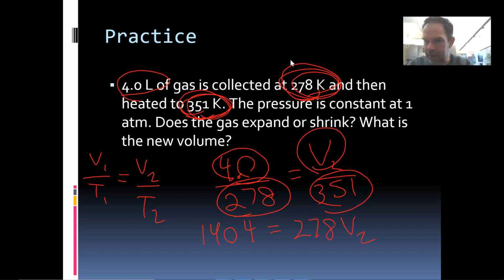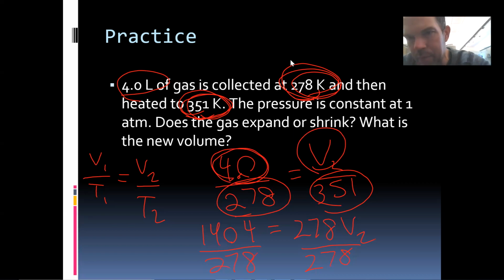Then you divide both sides by 278. I'm ending up with, and you won't be able to see in the corner, just over 5. Now, I'm looking at sig figs here. It looks like 2 sig figs because of 4.0.